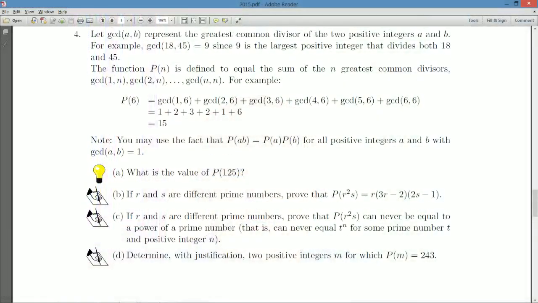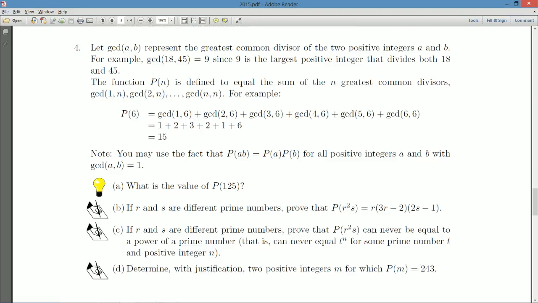Alright, so question number 4. Let GCD of a, b represent the greatest common divisor of the two positive integers a and b. For example, GCD of 18 and 45 is 9, since 9 is the largest positive divisor that divides both 18 and 45.